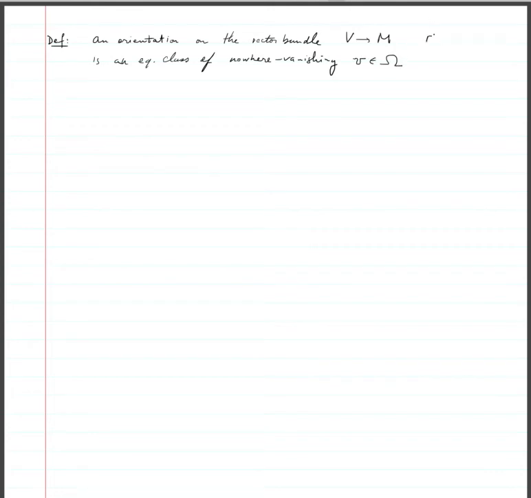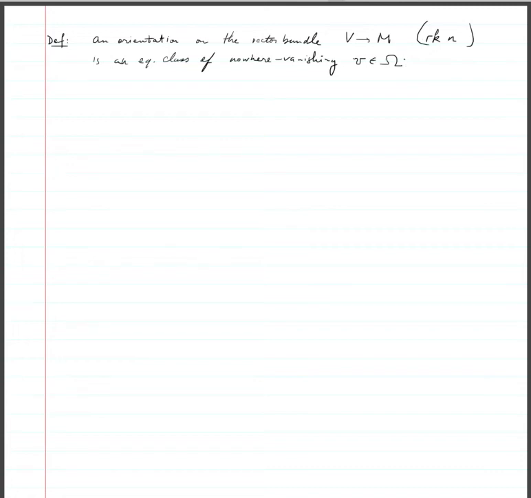Let's say this has rank n. So that means it's a smooth family of n-dimensional vector spaces. What I'm saying is I'm not talking about the dimension of M, I'm talking about the rank of V. Okay, so V is a family of n-dimensional vector spaces.